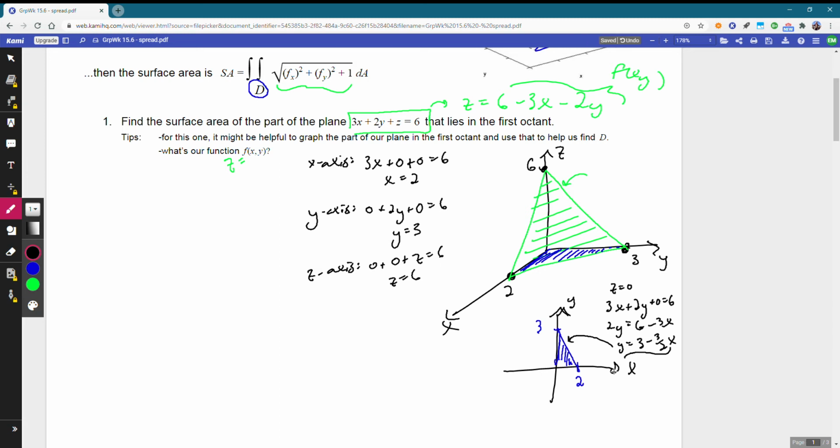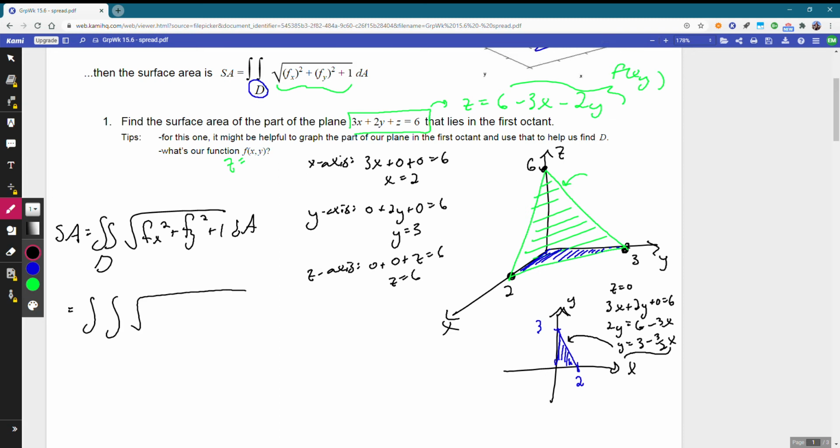All right, we now have all the ingredients. We just need to put them together. So our surface area is the double integral over our region D of the square root of fx squared plus fy squared plus 1. Let's figure out our function first. The partial derivative of f with respect to x is -3.